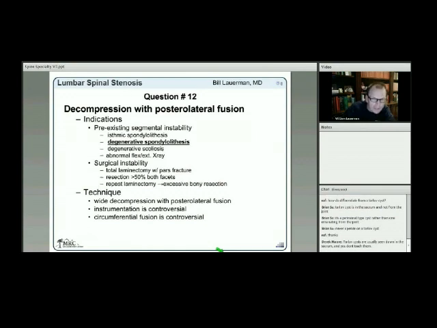A repeat laminectomy, for many of us, is an indication for fusion because in a repeat laminectomy, by definition, you have to take extra bone out circumferentially to get at the normal dura safely. And this extra bony resection frequently will either thin out the facets or lead to a pars fracture, and that's why many times, or for most of us at least, a fusion is part of revision laminectomy surgery.